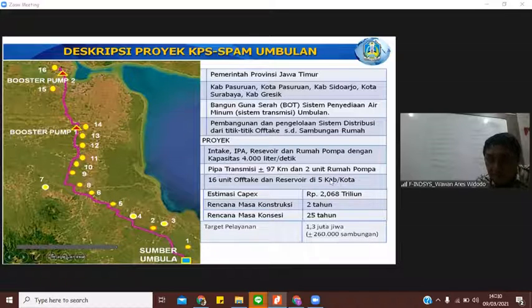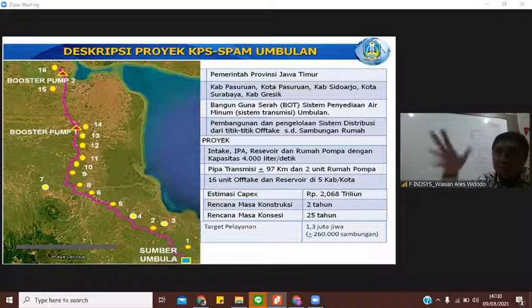Starting from Pasuruan, then Sidoarjo, and after that Surabaya, and then Gresik. What is the city around Surabaya? Lamongan, yeah.